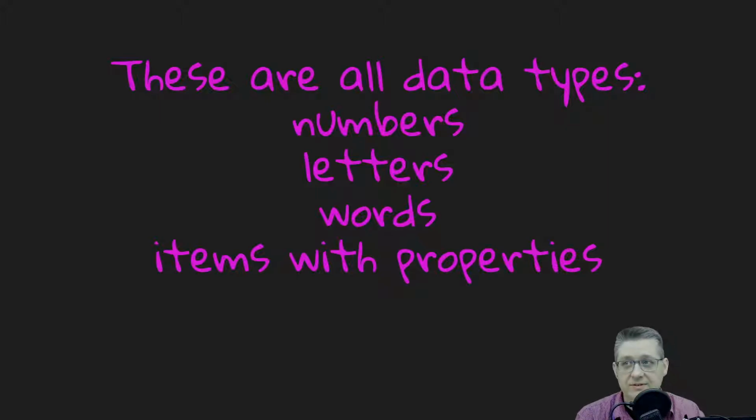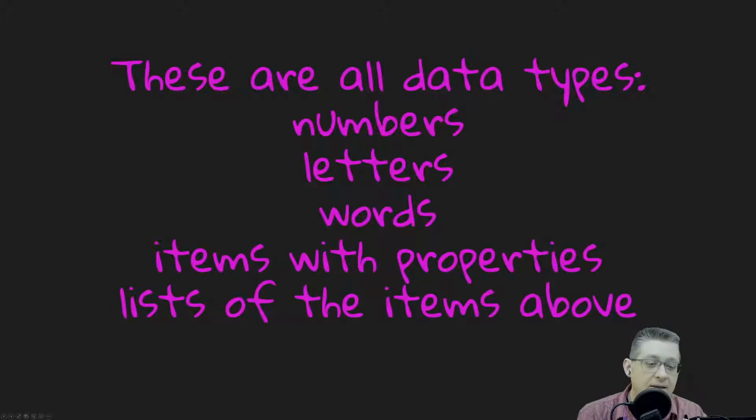It's got different properties. It's got a screen, it's got buttons, it's got a case mostly, it's got a color, it's got a battery size. And then we can also create lists of the things above. Like maybe I don't have one smartphone, I've got 10 of them. So I can define a particular data type that says, here's some random number of items.